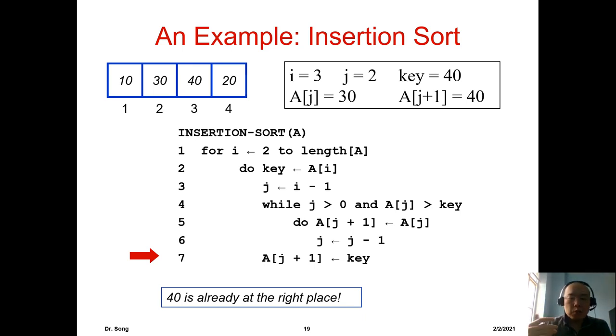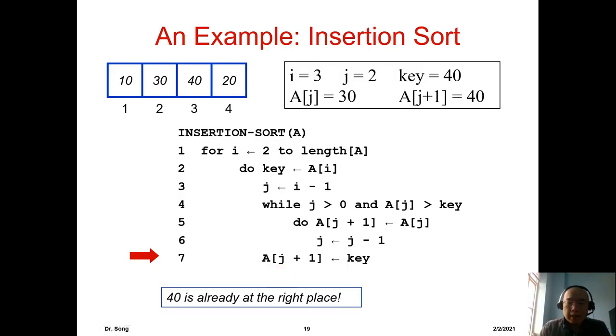However, we still have to do the insertion. It's weird, right? Even though 40 is already at the right place, we are inserting 40 into the same place again. This is how the implementation is done. We don't really check whether j plus 1 is exactly the same as i or not.